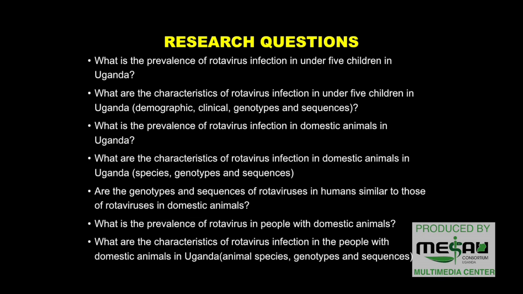What are the genotypes and sequences of the rotaviruses, and are they similar? We also wanted to study the characteristics of infection of the people who are in contact with these domestic animals.